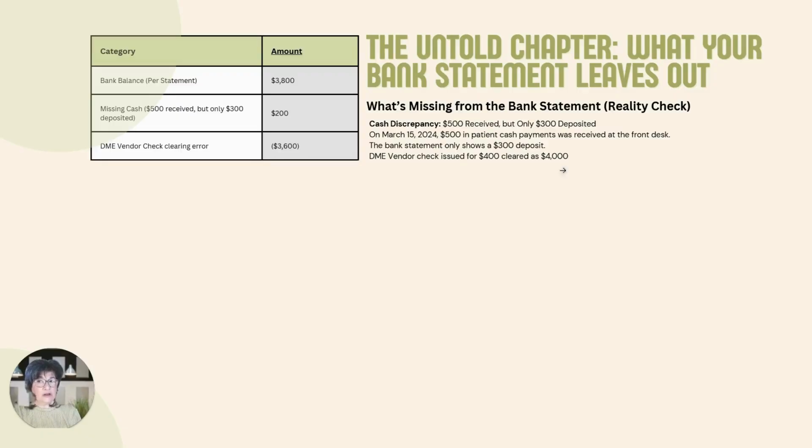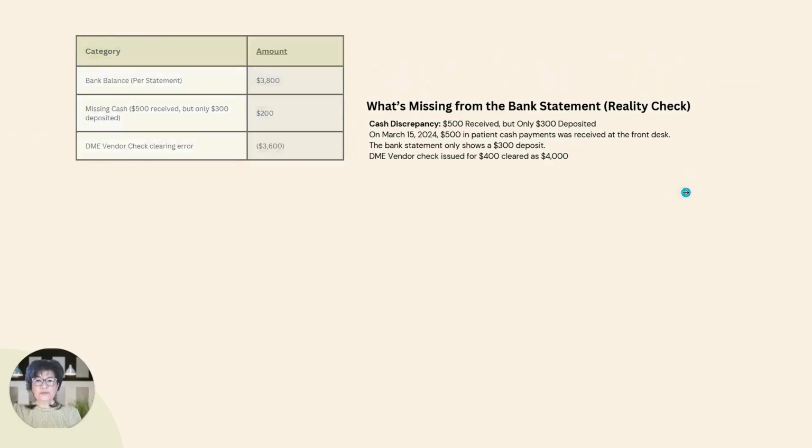Sometimes it's pennies, but in this case, just for example purposes, and I have seen it, it cleared for a lot more. So if you had not posted your check for $400 in your accounting system, you wouldn't know that it cleared for more because you're just, again, posting based on what the bank statement said. So here we're already going downhill. We're at a zero balance at this point.